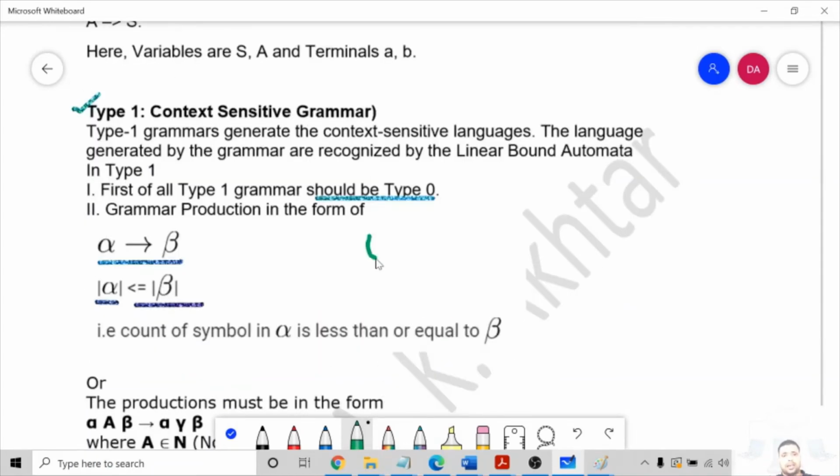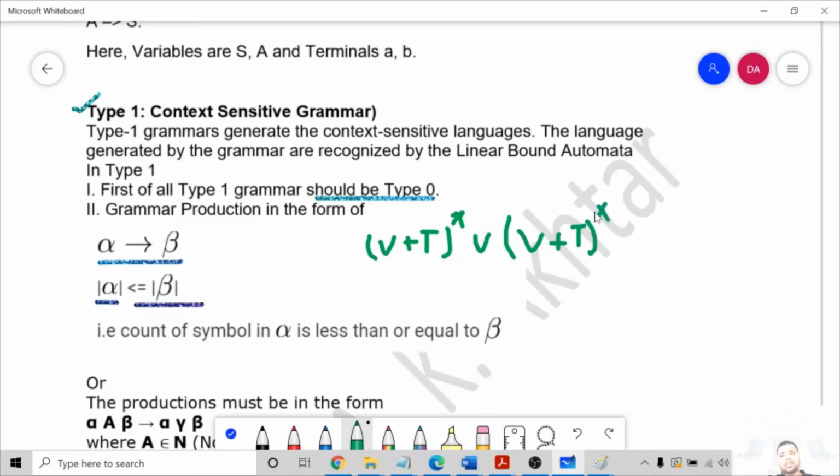Alpha is (V plus T) Kleene closure with at least one variable, and then again variable or terminal Kleene closure.